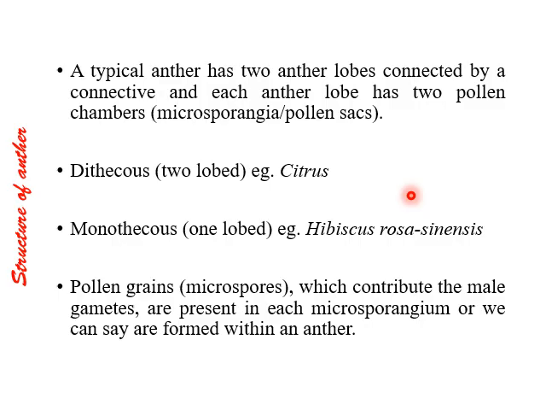An example is citrus. Pollen grains which contribute male gametes are present in each microsporangium, or we can say they are formed within the anther.